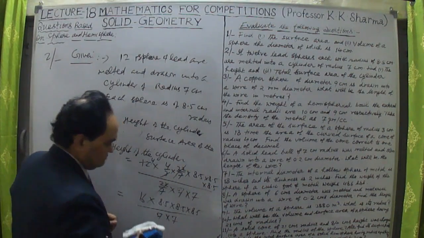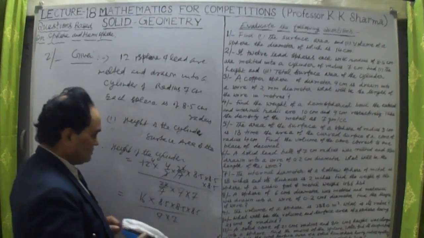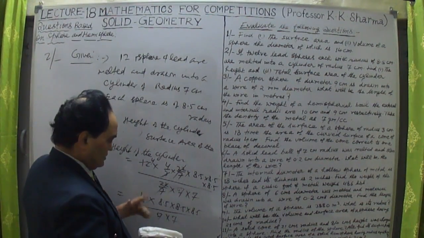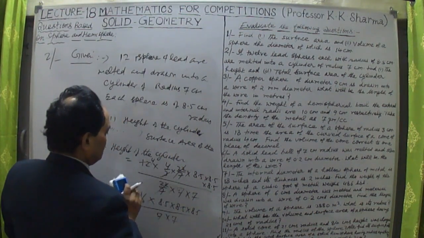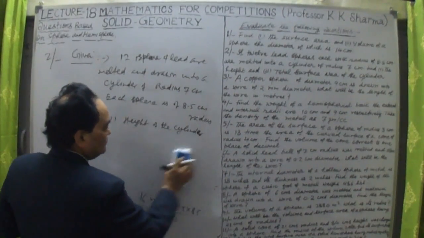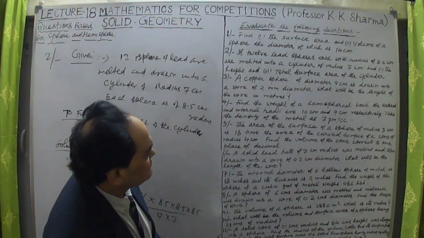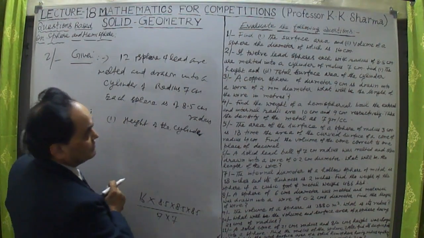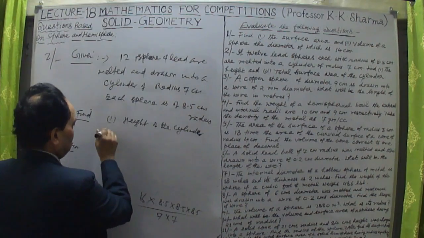Now this is height of the cylinder, but this height can be calculated in numerical terms also. For 8.5, then 8.5 can be calculated. So let me now take what is the height of the cylinder. Therefore, height of the cylinder will be: 12 spheres of radius 8.5 each are melted into a cylinder of radius 7 cm. Find the height.